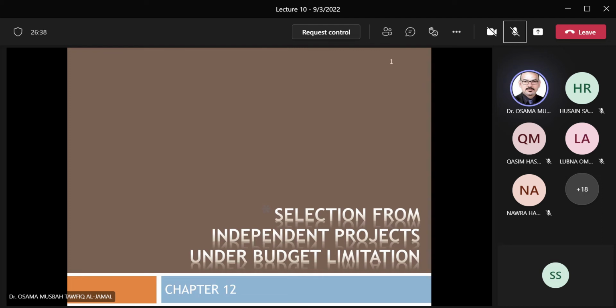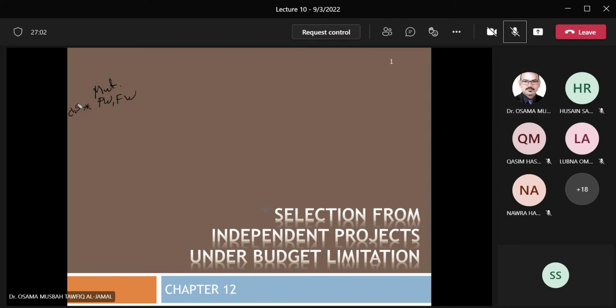Remember when we said before that we're going to have two types of projects. Mutually exclusive projects, where we can calculate the present worth and future worth.